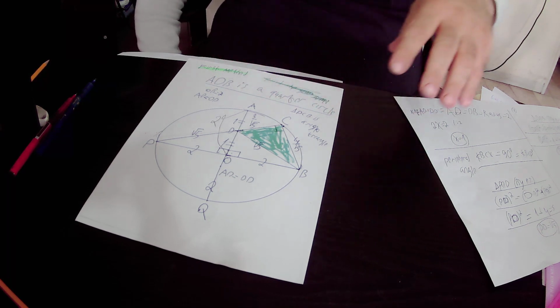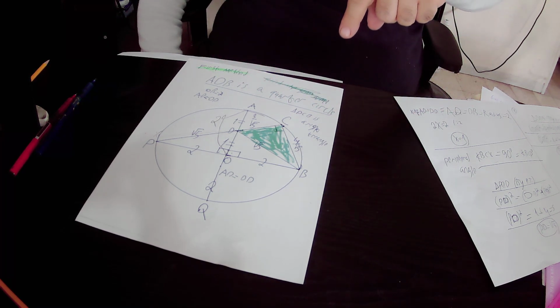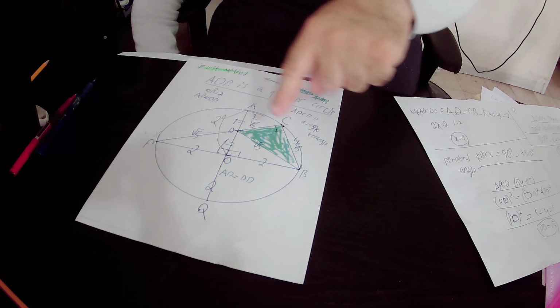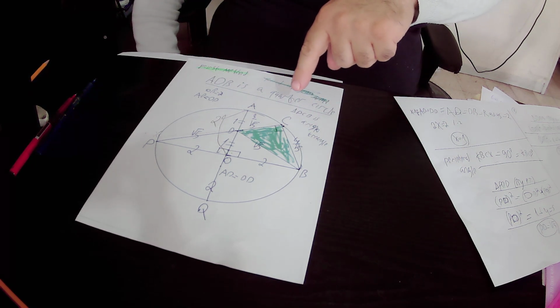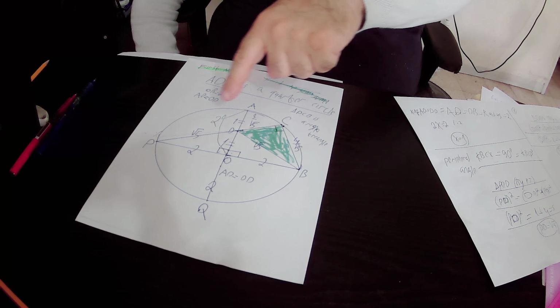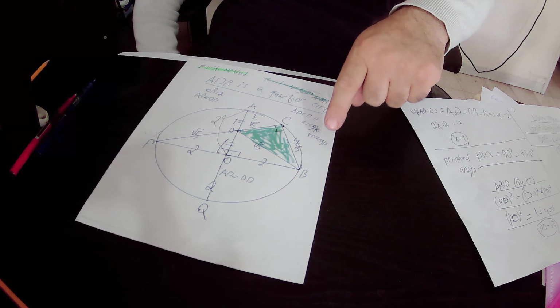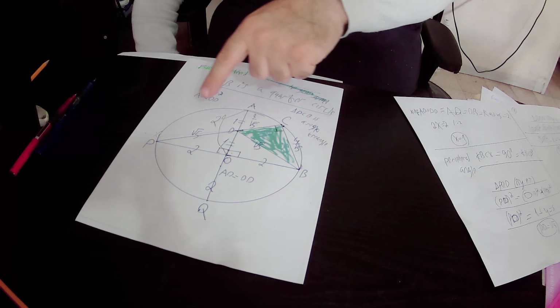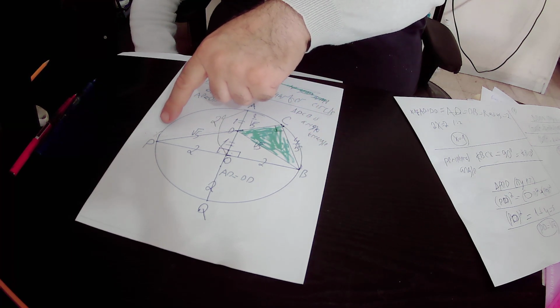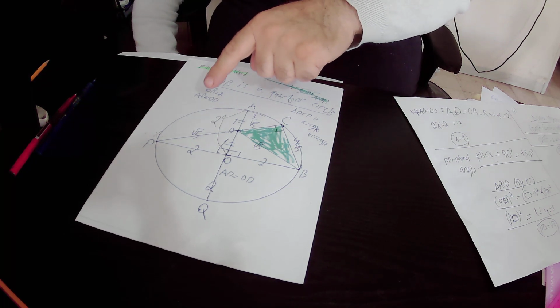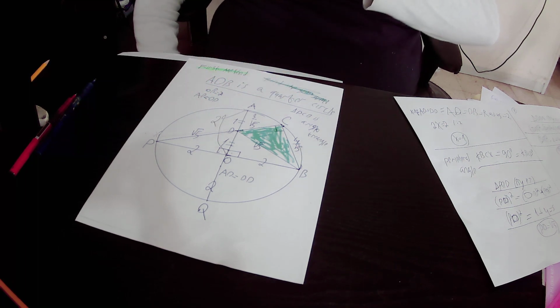The diameter is PB, so in order for peripheral angle BCX to rest on the diameter PB, the straight line CD must pass through point P. Otherwise, peripheral angle BCX will not rest on PB, the diameter of the circle. That is to say, point X must merge with point P.